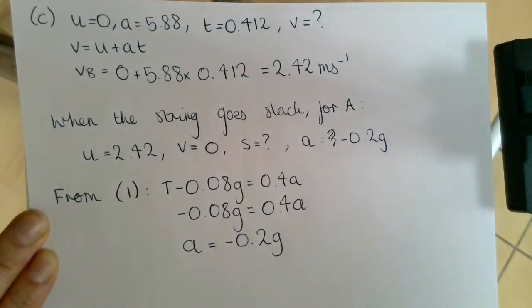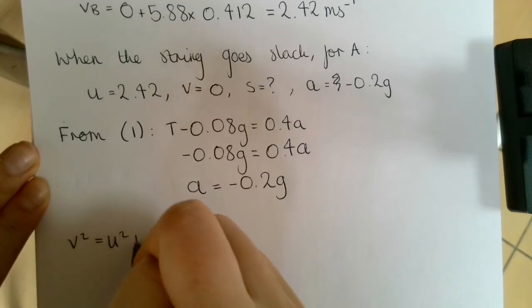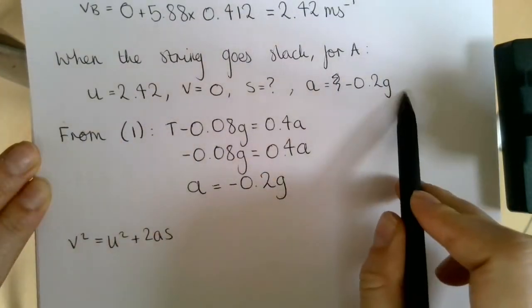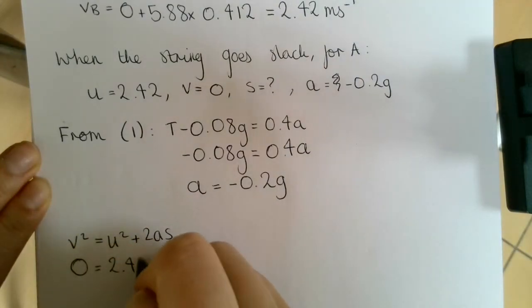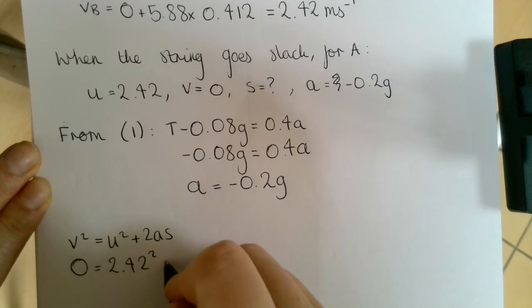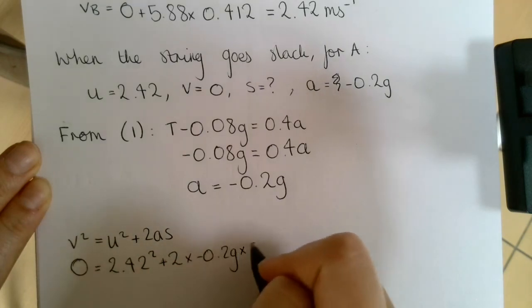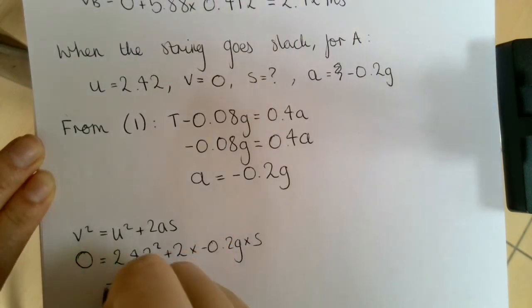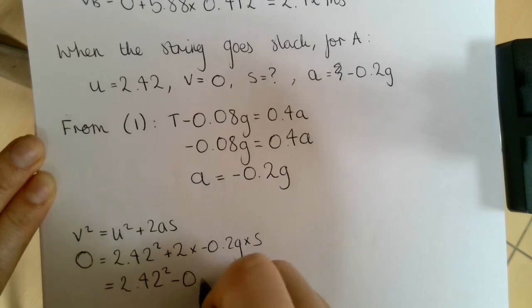So I'm going to use V squared equals U squared plus 2AS for these values here. V is 0, U squared is 2.42 squared. We're going to add 2 lots of negative 0.2G times S. So that's equal to 2.42 squared, subtract 0.4GS.